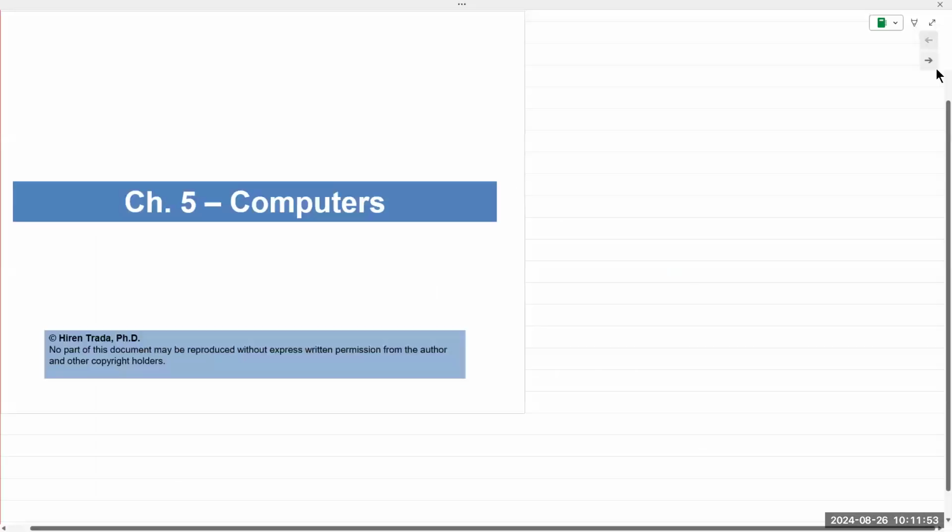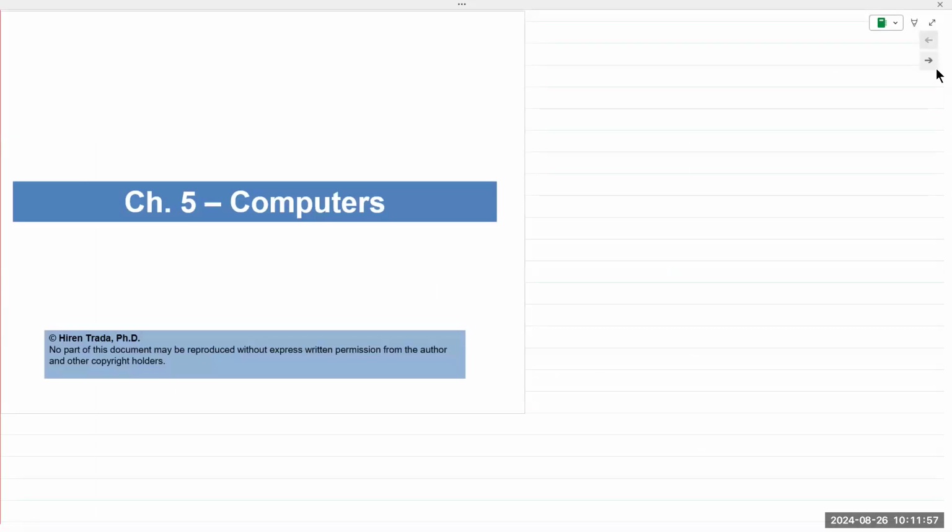Before I begin chapter 5, announcements about the quiz. There will be one more quiz. I'll make it open for Tuesday and Wednesday. It'll be based on the second half of chapter 4, which is logic circuits. Since we are very close to the final, I will not assess logic circuits, meaning chapter 4, separately on the final exam.